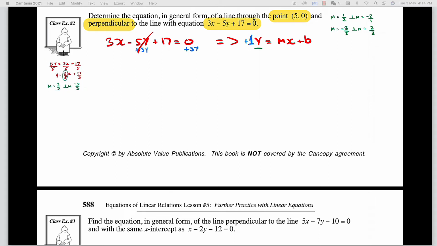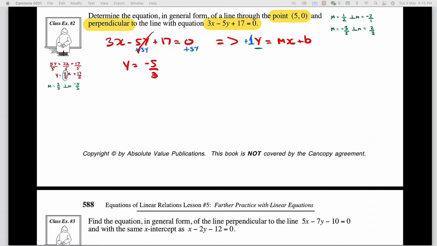So if I have my slope, I need to put it back into this formula right here. So I'm going to put that into here. So y equals, let's do this in red, y equals m, which is negative 5 over 3.